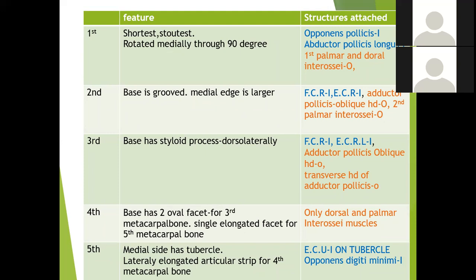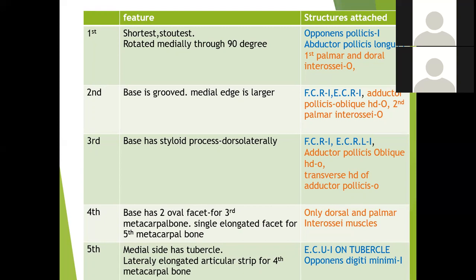Second, it gives insertion for abductor pollicis longus muscle, and it also gives origin for interosseous muscle. You should keep in mind that the interosseous muscles originate from the metacarpal bones. All the metacarpal bones give origin for the interosseous muscles.